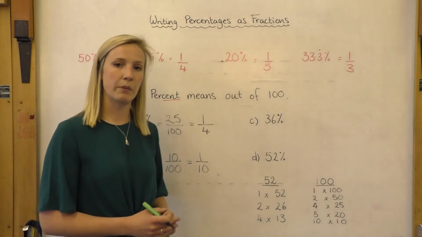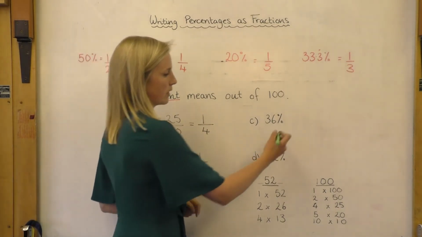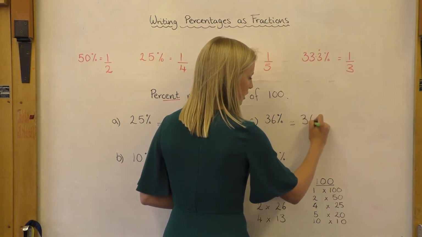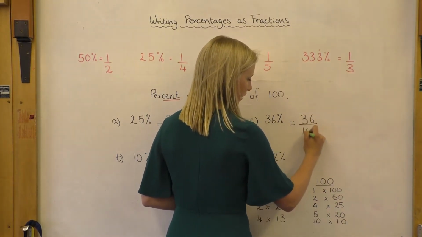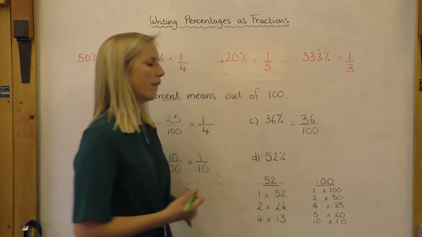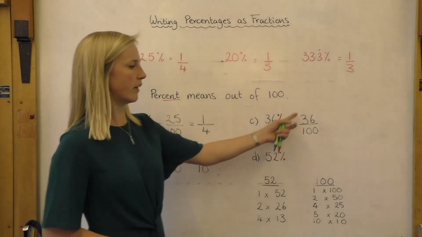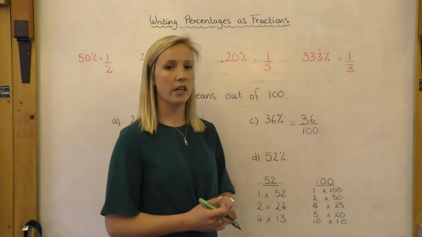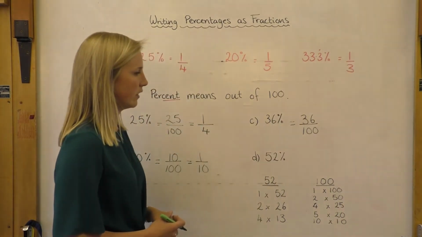Moving on to something a little bit more tricky, we have 36%. The first step we should all be happy with now is writing it as 36 out of 100. And then we need to think about simplifying this fraction. Now, looking at both 36 and 100, I know that they are both even numbers.